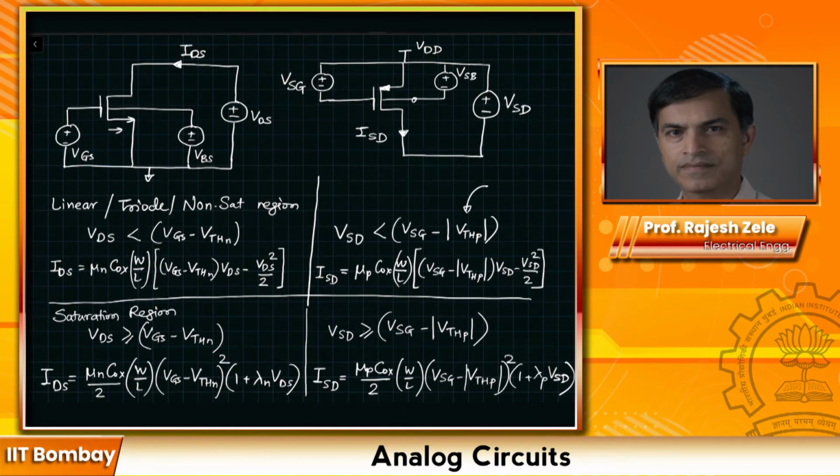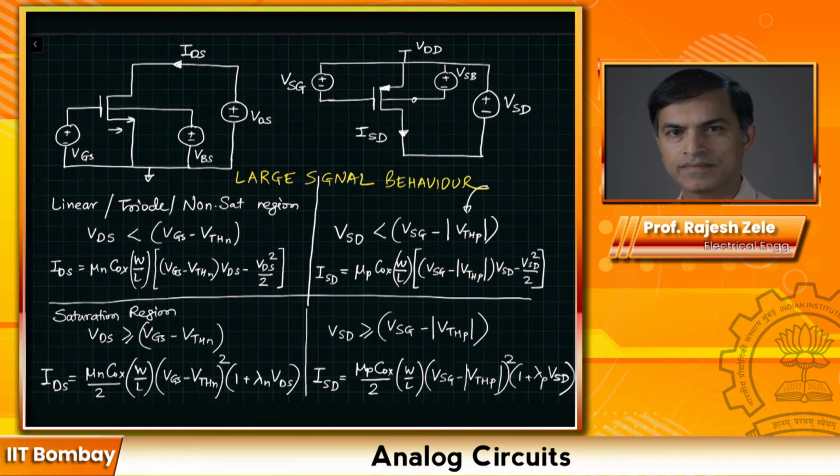That would be your channel length modulation part. So this is a summary of both NMOS and PMOS operation on a single sheet. Most important thing to remember here is this is large signal behavior. Everything we are talking about here is large signal.